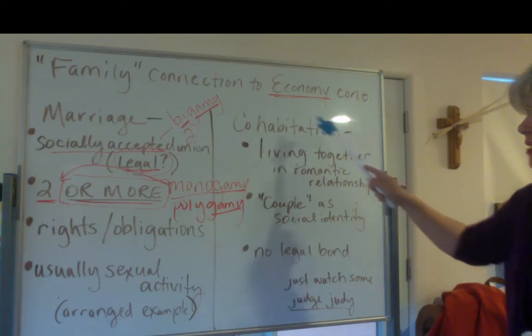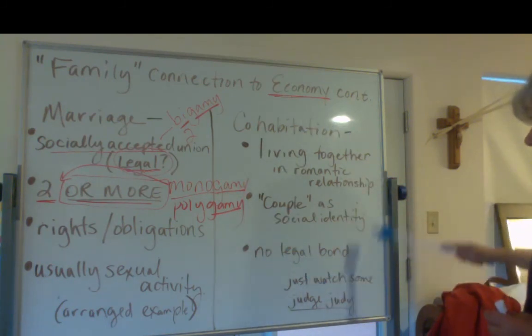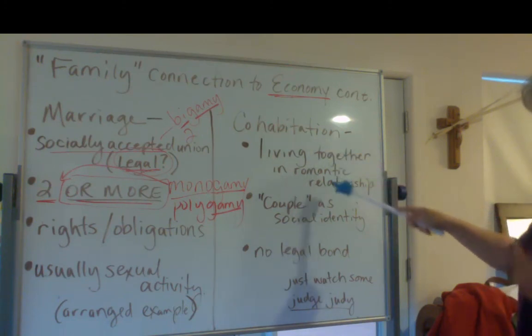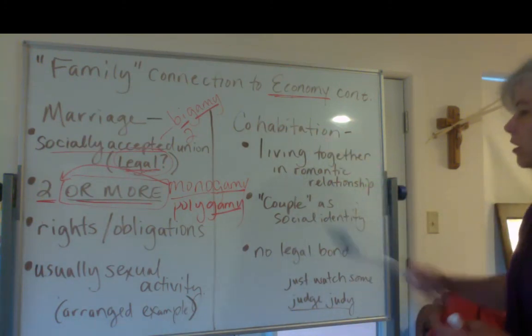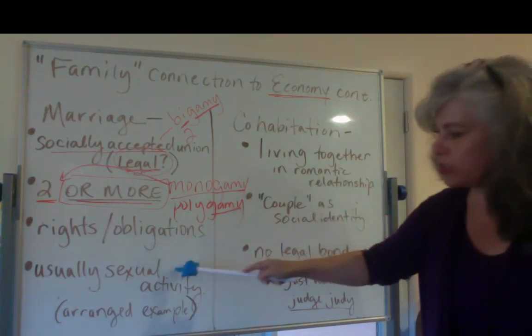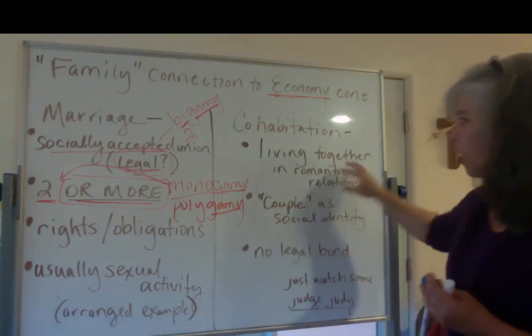So, again, this doesn't really have anything about love in it, although cohabitation usually occurs because people think they're in love with each other. The romantic relationship, of course, refers to this sexual activity also. So there are lots of aspects.